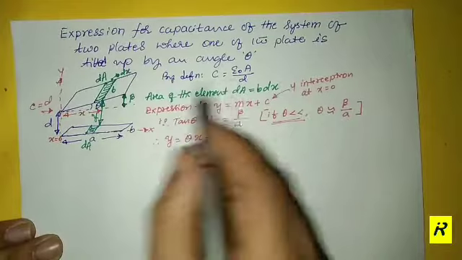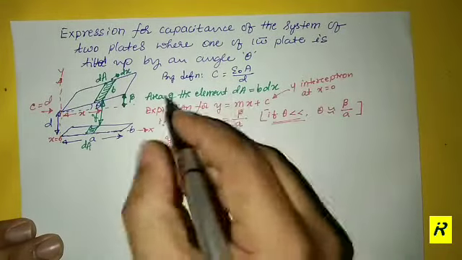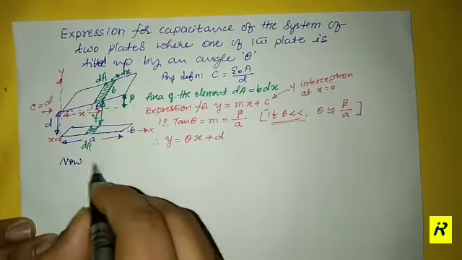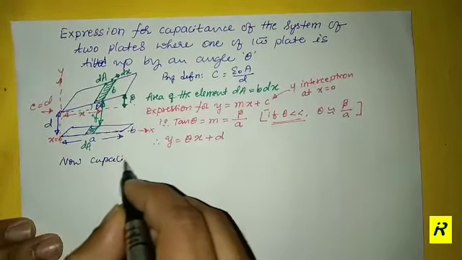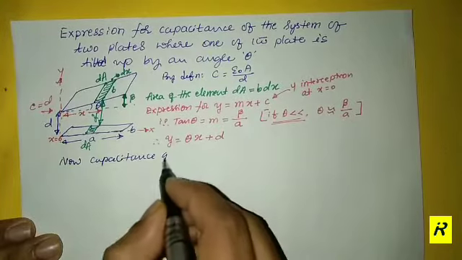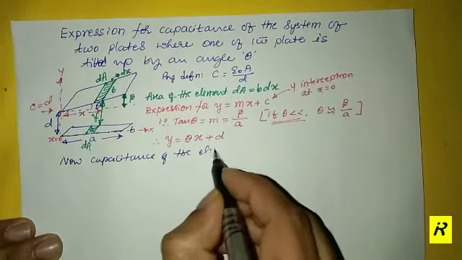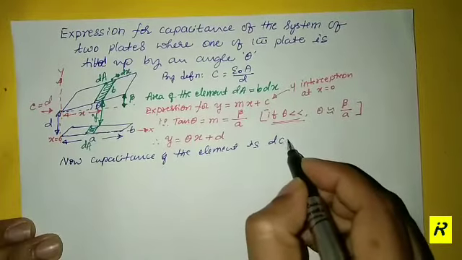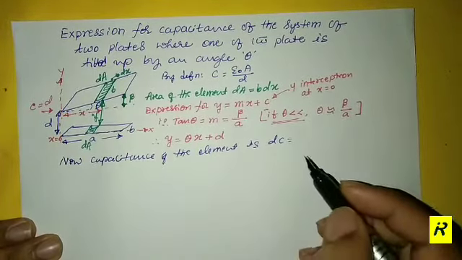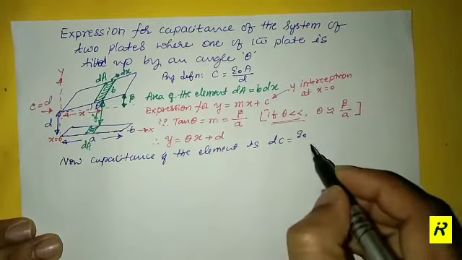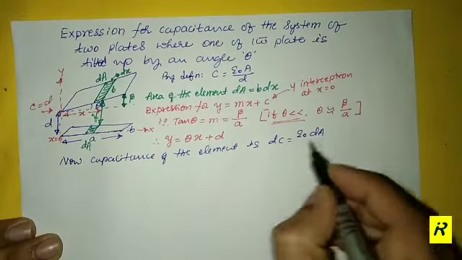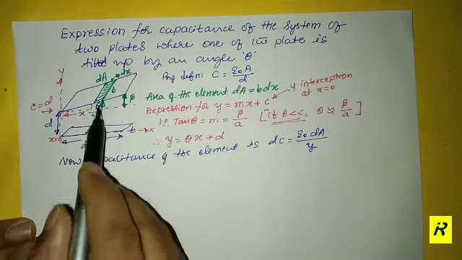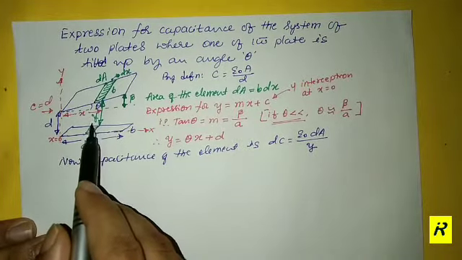Now, for the capacitance of the capacitor of this element, dC equals epsilon O into dA divided by y, because we are not using the term D here.